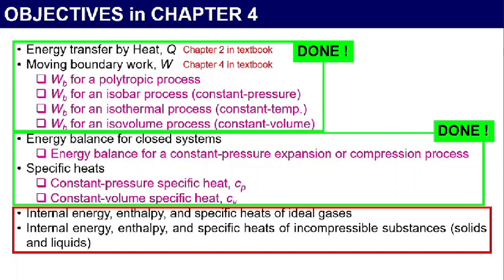Specific heat, we also touched a little bit on the definition and several equations for constant pressure and constant volume specific heat. And let's continue on the next topic: internal energy, enthalpy, and specific heat of ideal gases, and also of incompressible substances, which are solids and liquids.